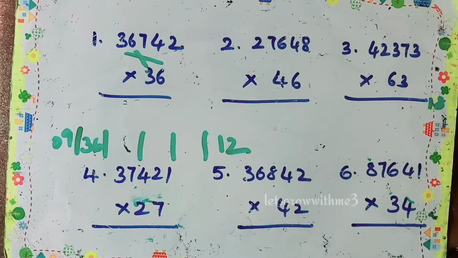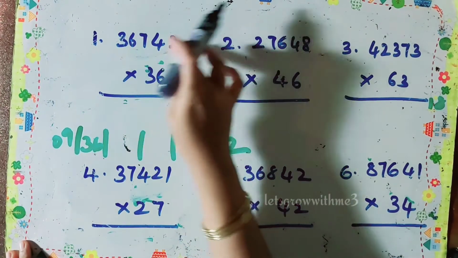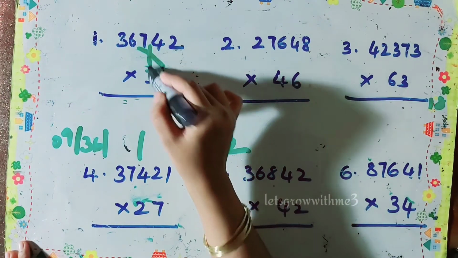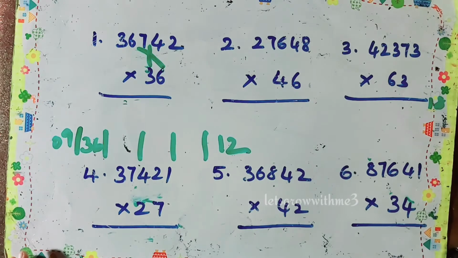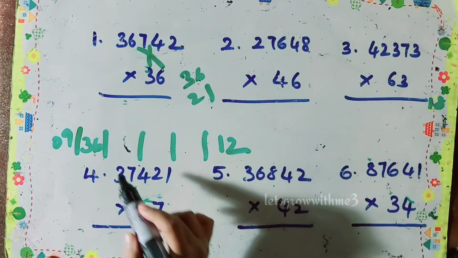Then we need to leave 3, and we will shift to the next two values, that is 6 7, and we will multiply with the 3 6. So 6 6s are 36, and 7 3s are 21, this crisscross. You need to multiply, then add. 36 plus 21 is 57.